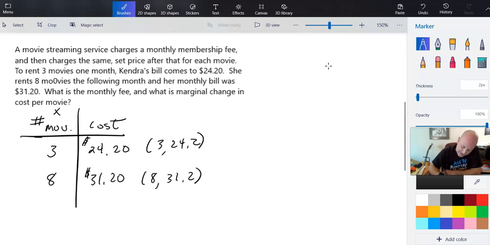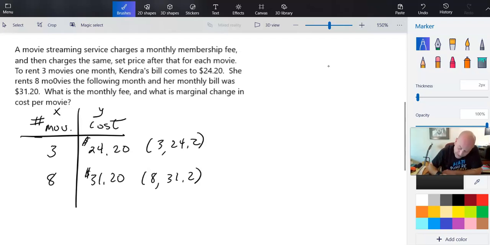So that means movies are X and the cost is Y. And incidentally, since the cost depends on how many movies you pick, X is what decides everything. Excuse me, Y is the dependent variable, because X decides everything. The value of Y depends on what the value of X is.